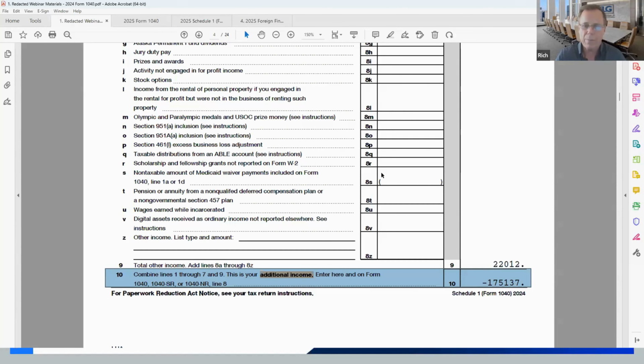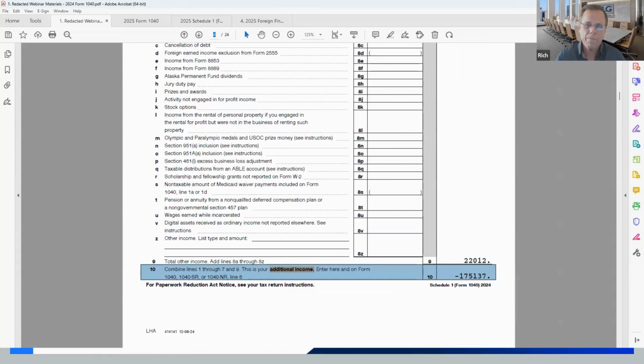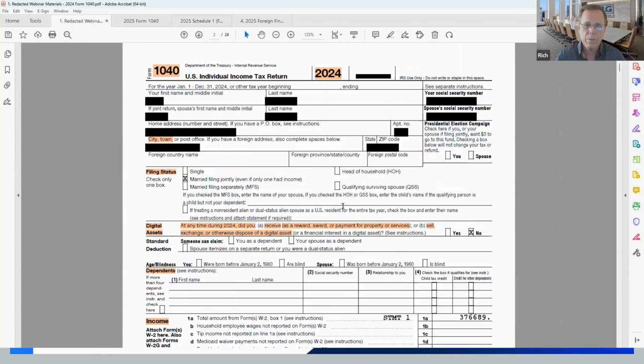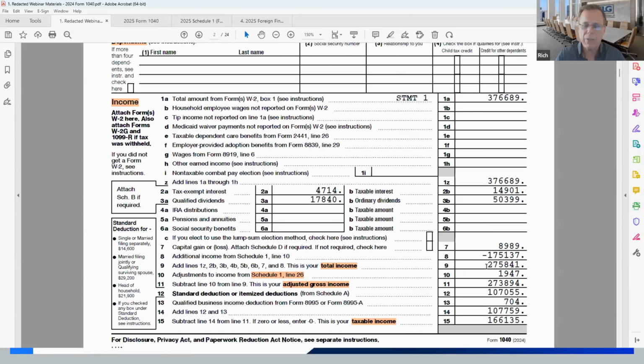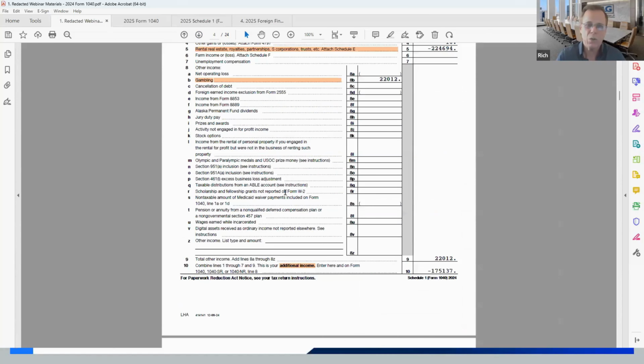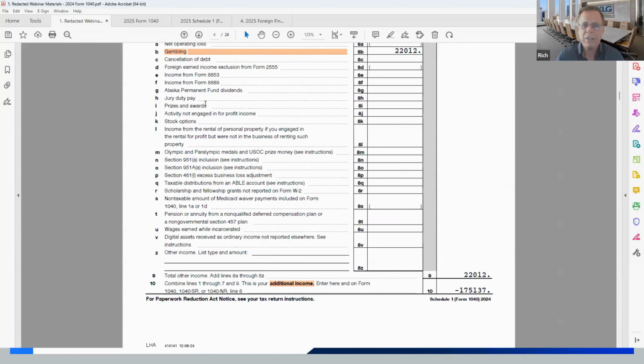And if you scroll back up to page 1, you'll see that $175,000 on line 8. So when you look at line 8, if there's an amount there, you'll go to Schedule 1 and see what the makeup is. And if it refers to other schedules, like a Schedule C or Schedule E, you can backtrack to see what that is.